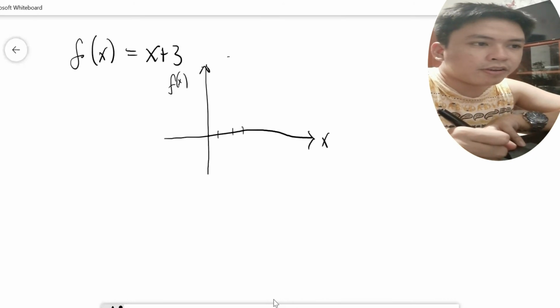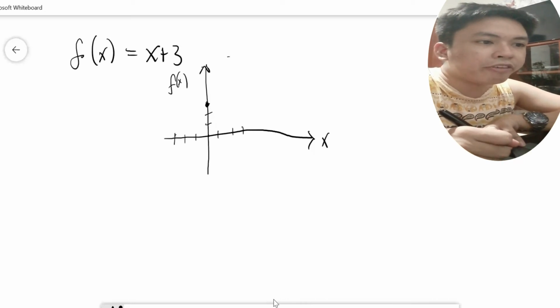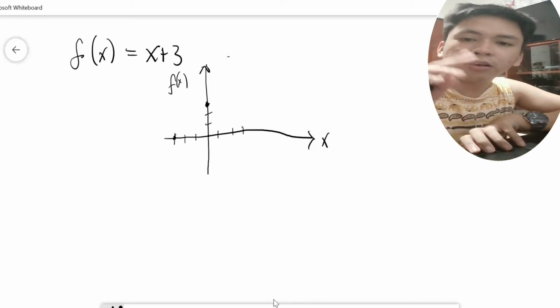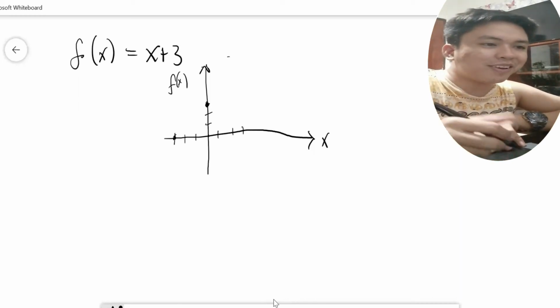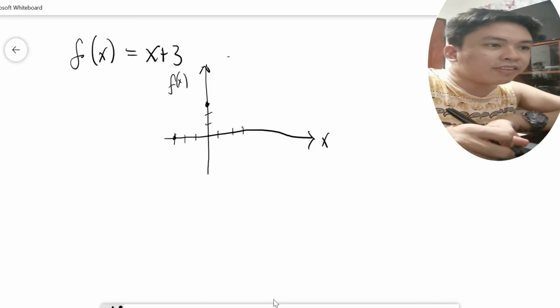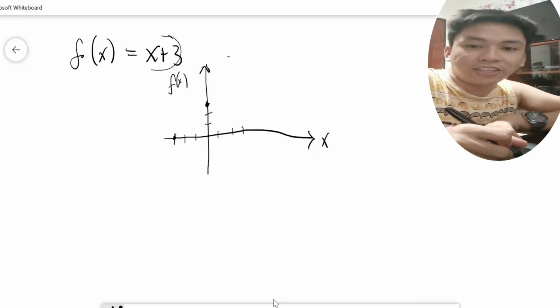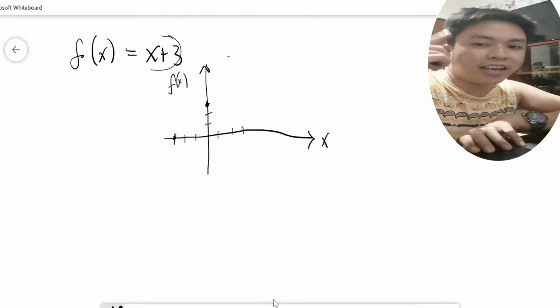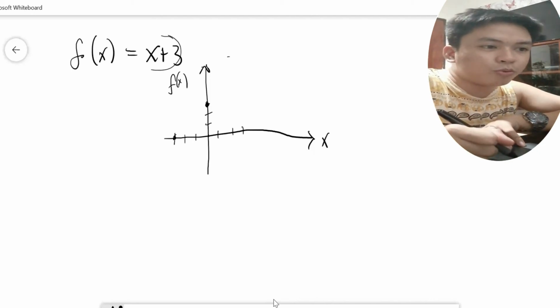If x is negative 3, our f of x is 0, so somewhere here. Two points determine a line, so I can just connect them because this is the equation of a line. This is a linear equation of degree 1. Remember that the highest degree of x there is 1. So this is a line, and two points determine a line, so I can just connect this one here.